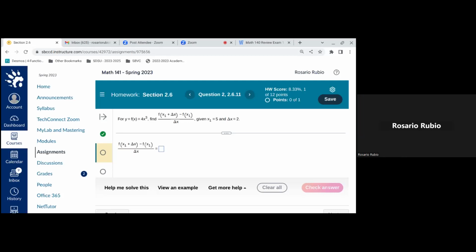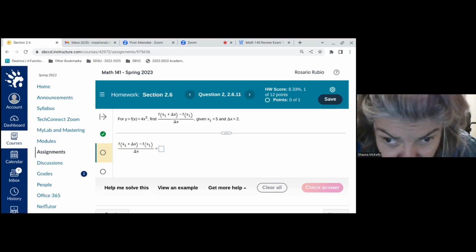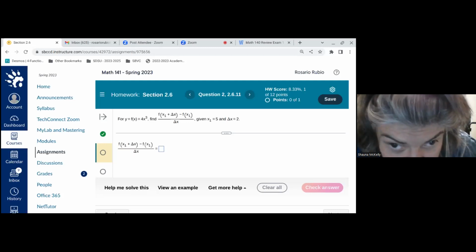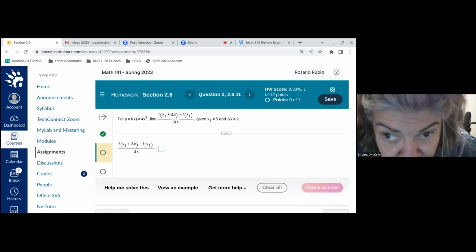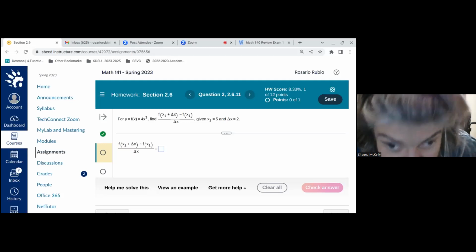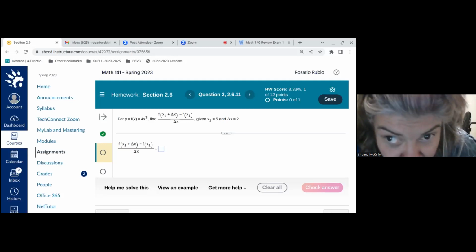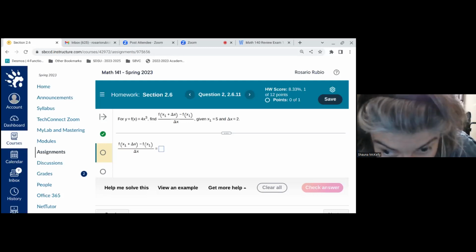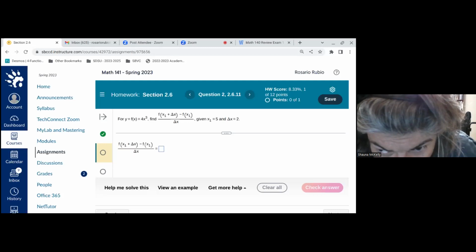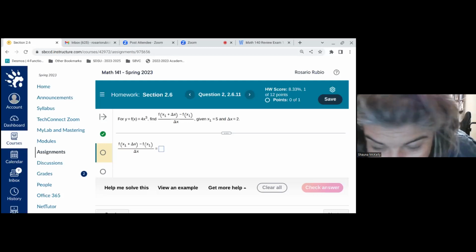Okay, so this is more about how to understand what you're looking at. It's building you up to the difference quotient that you've already done, pretty much. But it's making it a little bit hard, like I said. So this says that you have 4x cubed.